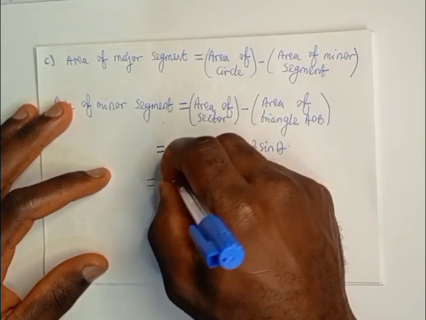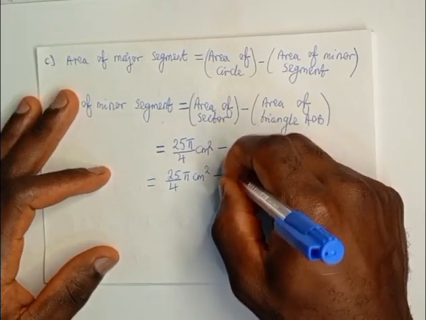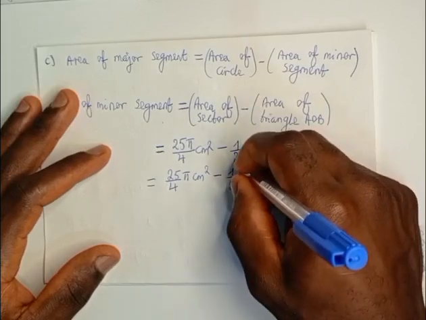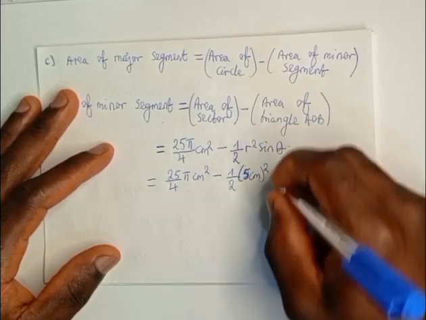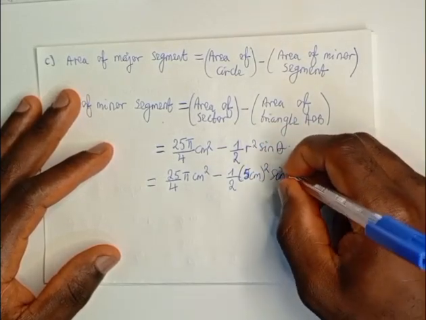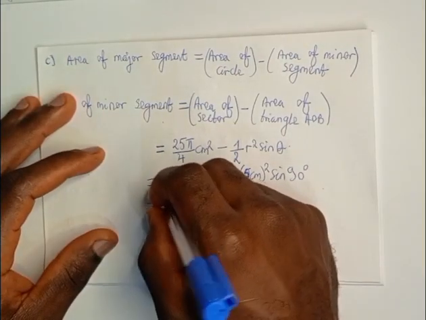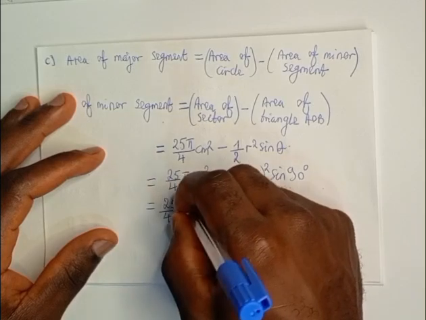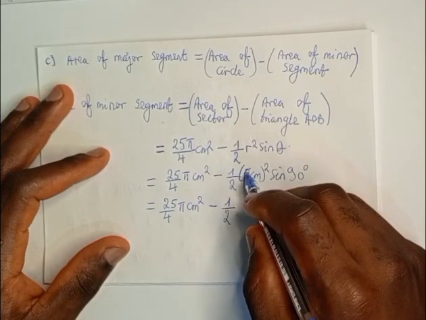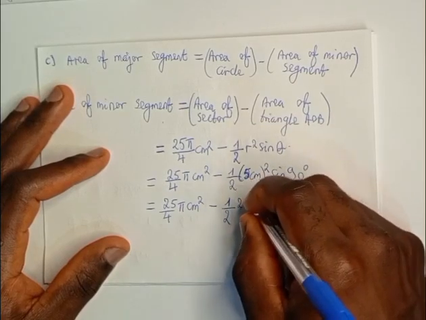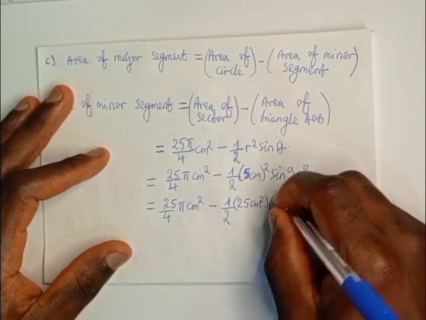This will be equal to 25 on 4 pi centimeters squared minus 1 on 2 times r squared, which is 5 centimeters squared, sine theta, which is the sine of 90 degrees. This will be equal to 25 over 4 pi centimeters squared minus a half times 5 centimeters squared gives us 25 centimeters squared times the sine of 90 degrees, which is 1.